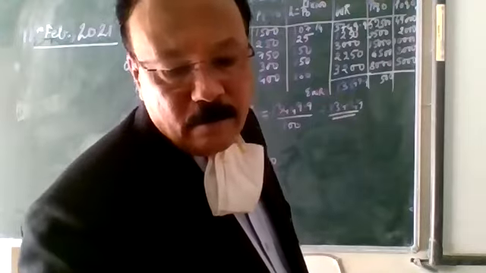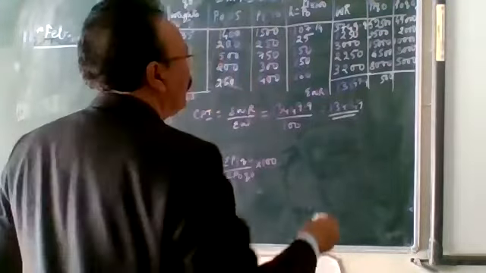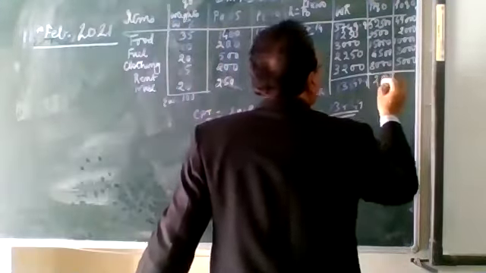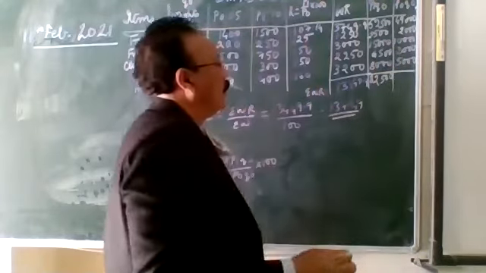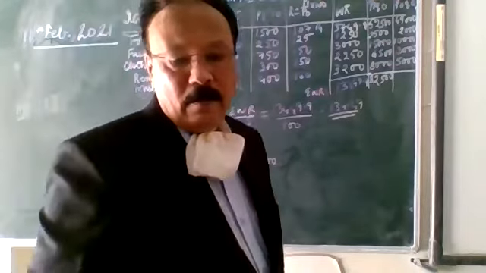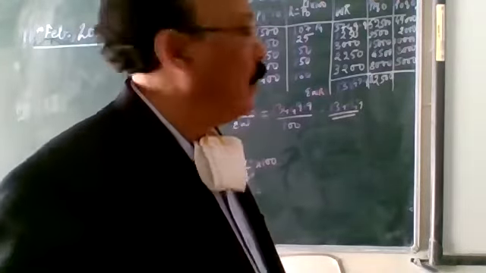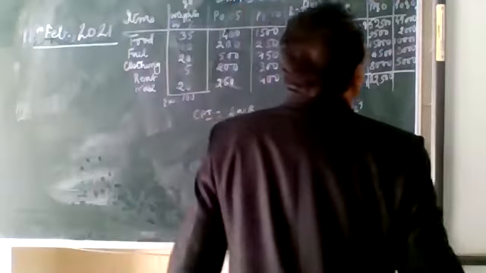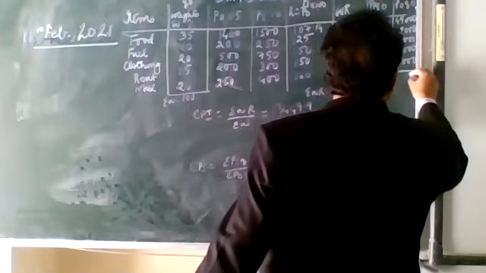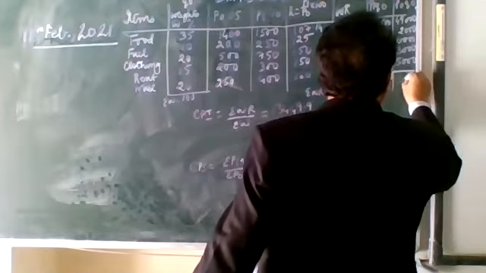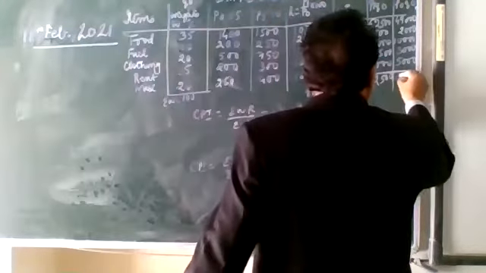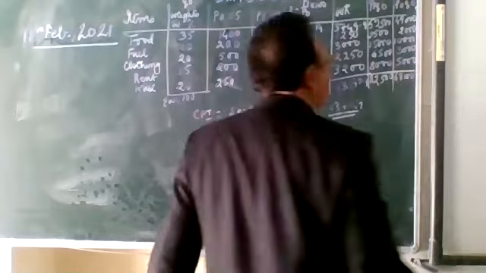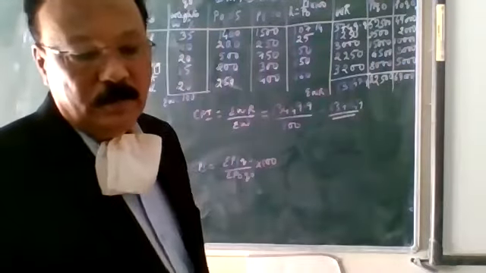How much is that? 82,500. Now the other sum: 0, 0, 0, 0, 9, 2, 11, 11 into 14, and 5, 19, 4 and 5, 69,000.